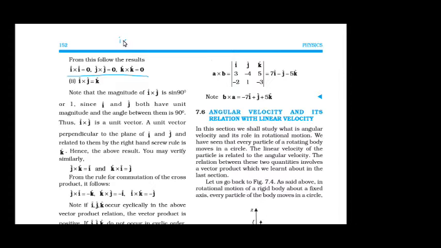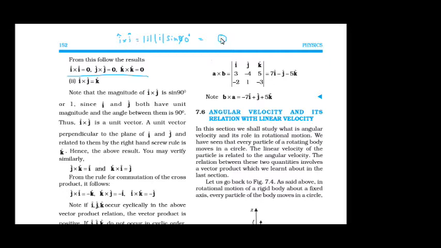Normally if we write I cross I, the I vector cross I vector, the unit vector, then what do we have to write? Magnitude of I, magnitude of I, sine theta. Theta is here 0 degree. So sine 0 is 0.